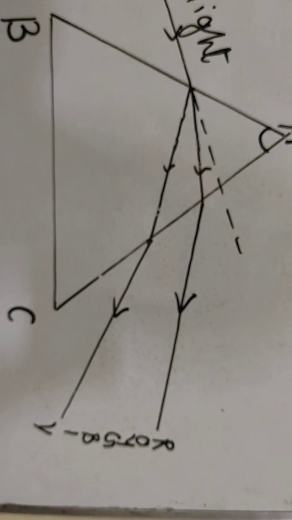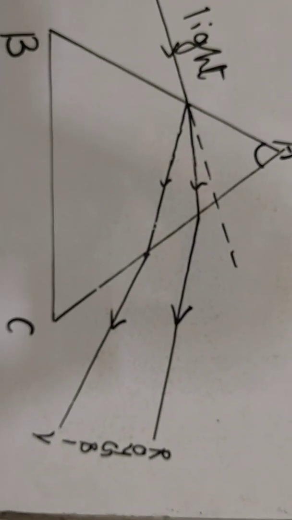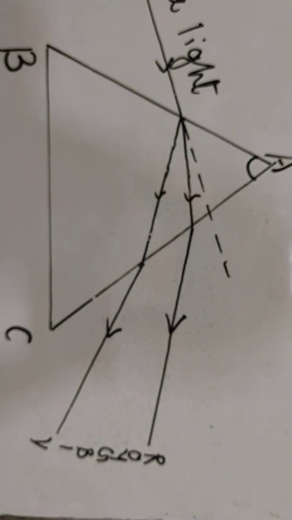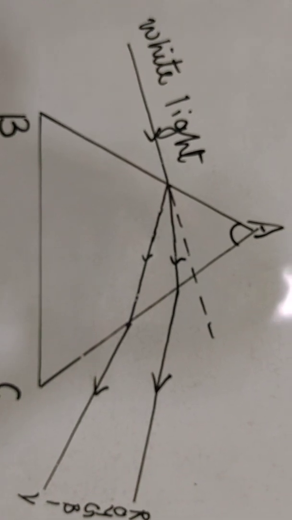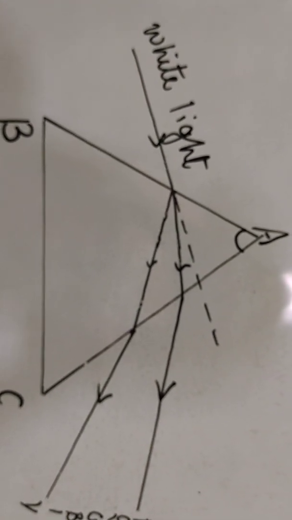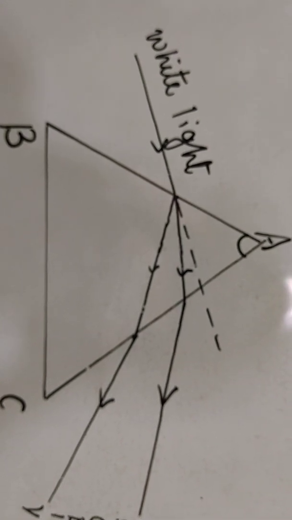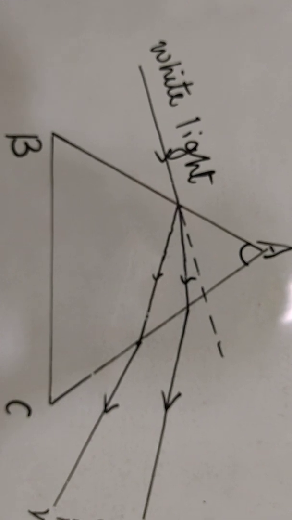If we place a screen on the other side of the prism, we get a band of 7 colors called the spectrum of white light. We know that although refraction takes place twice in different ways, first towards the normal, second away from the normal, still in both cases the rays are bending towards the BC side, which is called the base of the prism.